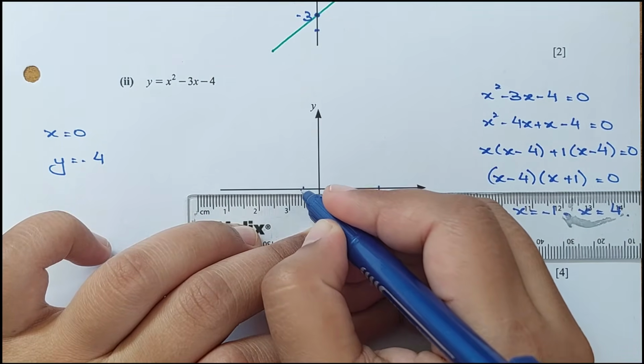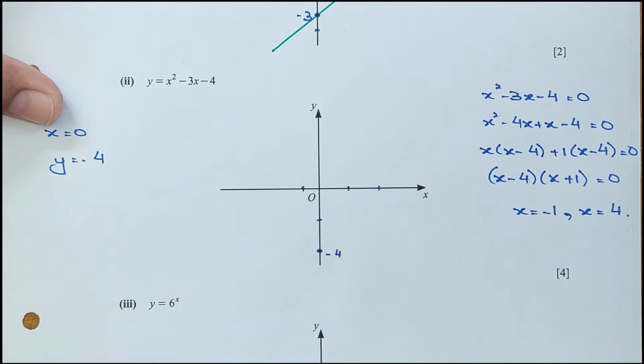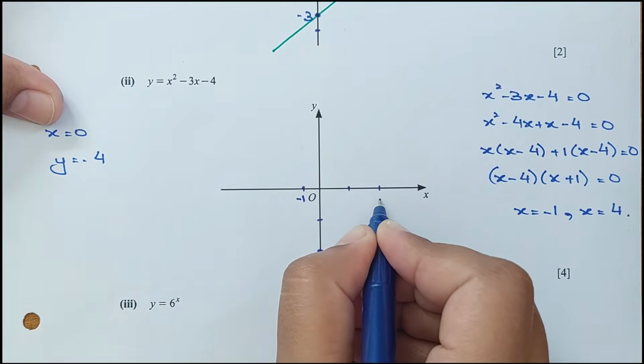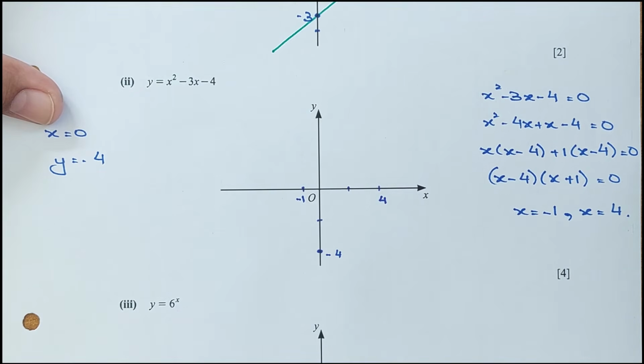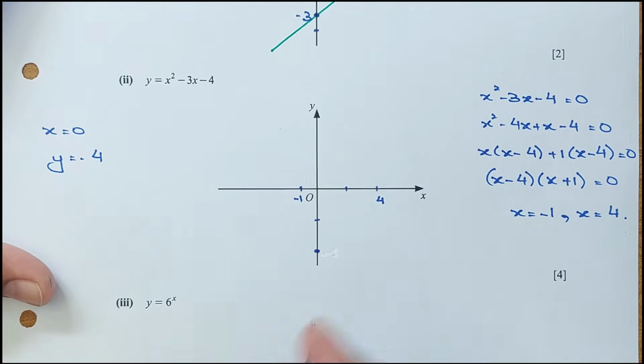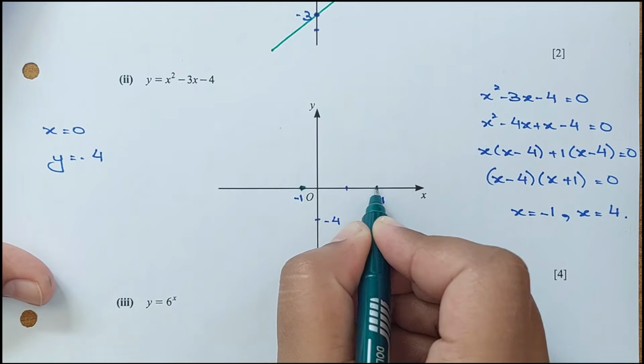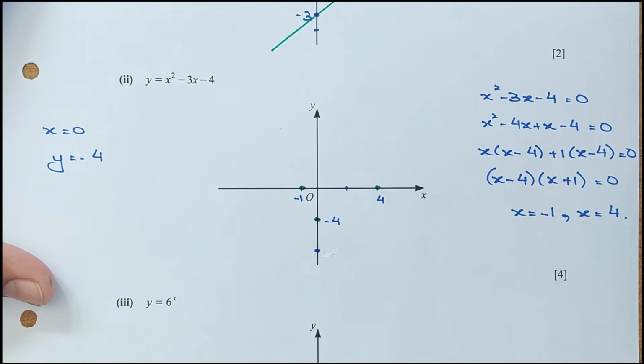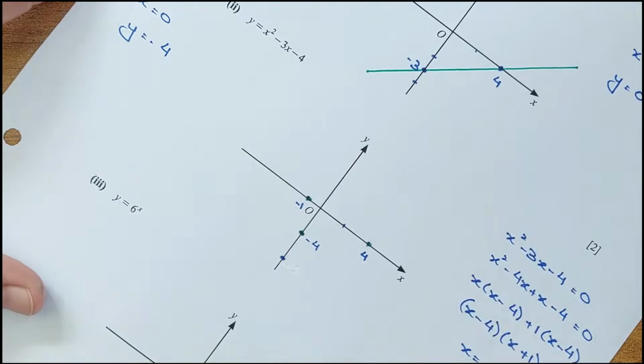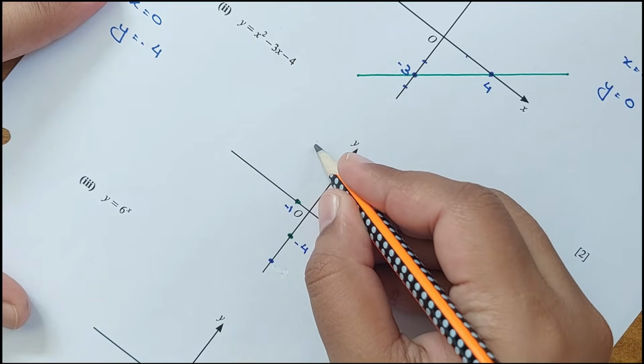This is negative 1, and this would be 4, right? For the accurate sketch, let me take this as -4. Okay, so this is the x-intercepts and this is the y-intercept. Right, connecting the x and the y-intercepts.